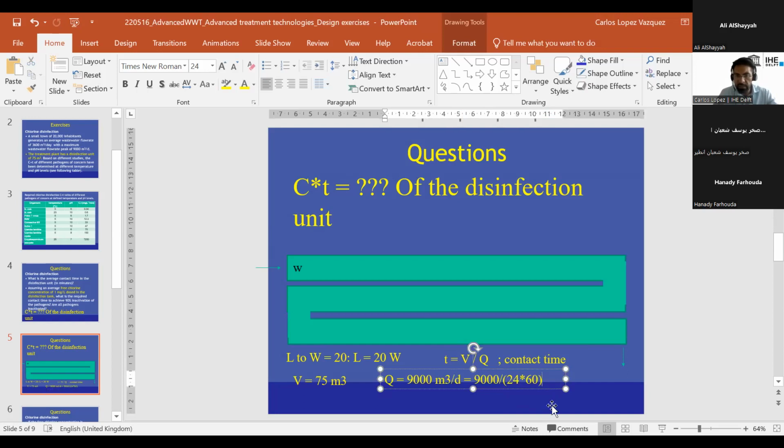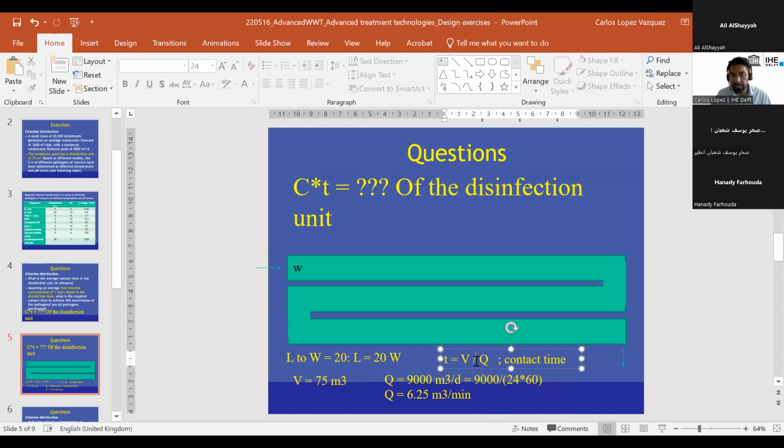And that will tell us that the flow rate is going to be 6.25. Thank you very much. 6.25 cubic meters per minute.